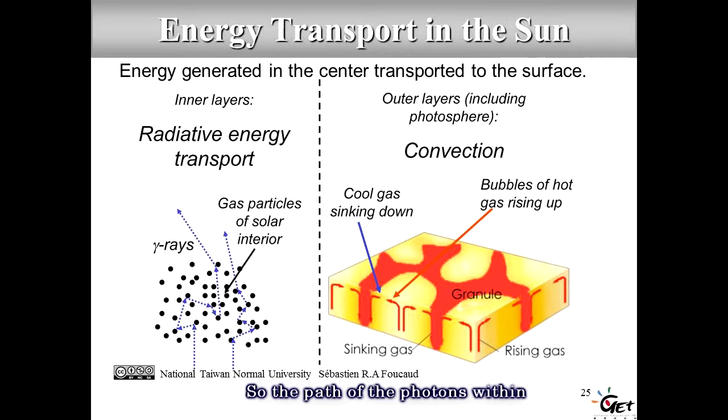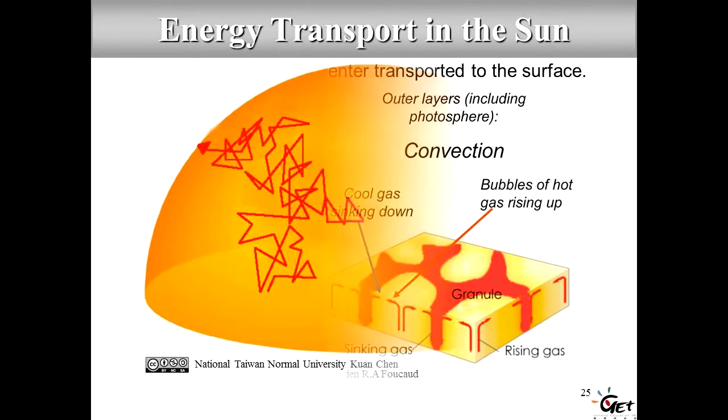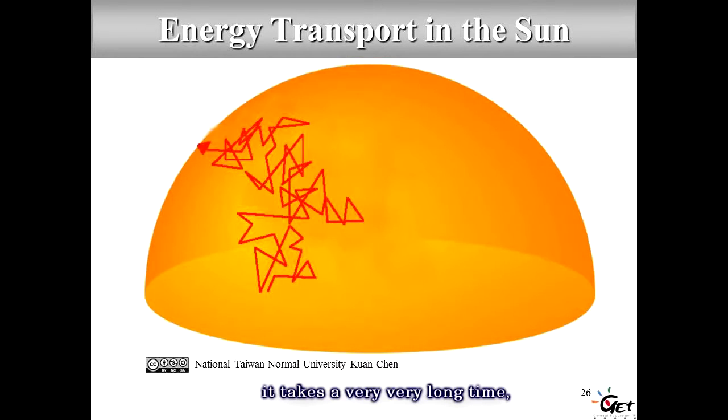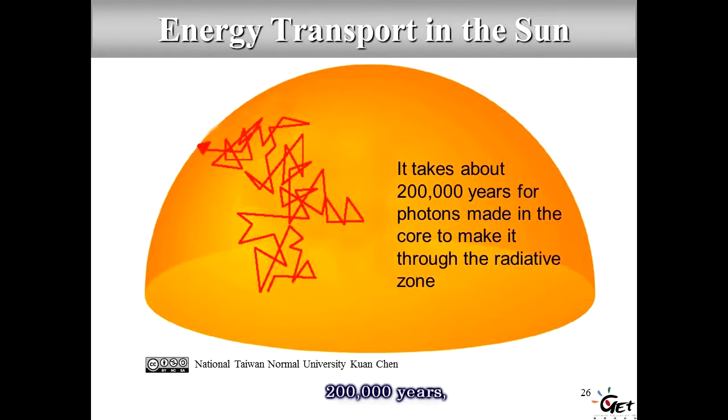The path of the photon within this gas is not straight at all. It's actually very curved. Convection is very straight. So it actually takes a very, very long time, 200,000 years, for a photon produced at the center of the sun to get out of the radiative zone. And then, very rapidly, it moves out through the convective zone.